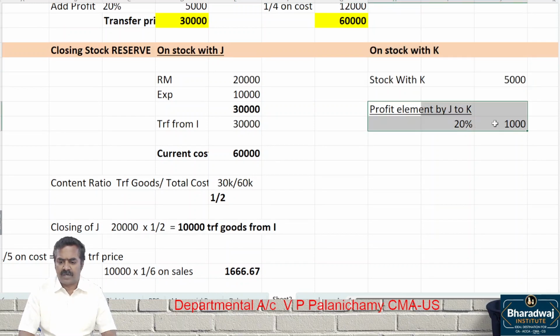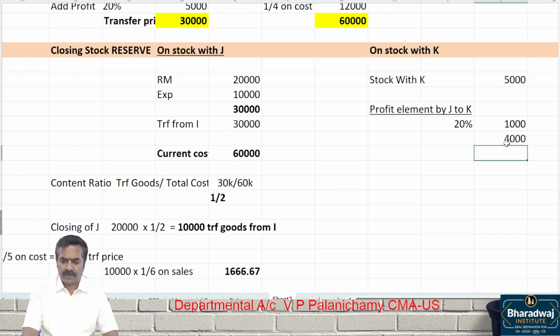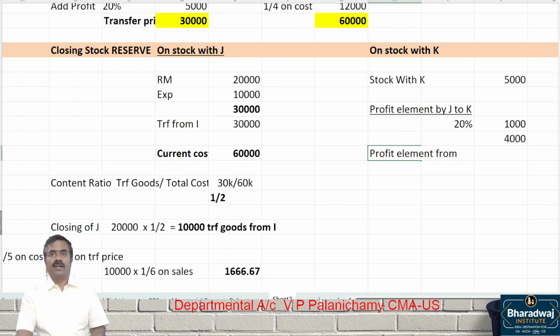In this, what is the profit element charged by J to K? 1,000. The balance is 4,000. Wait. What is the profit element from I to J? The stock did not move directly from J to K. It moved from I to J, and then J to K. So how much moved from I to J? I to J, 4,000 into what is the content ratio?